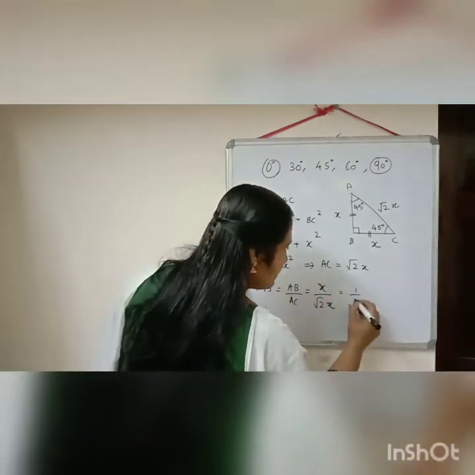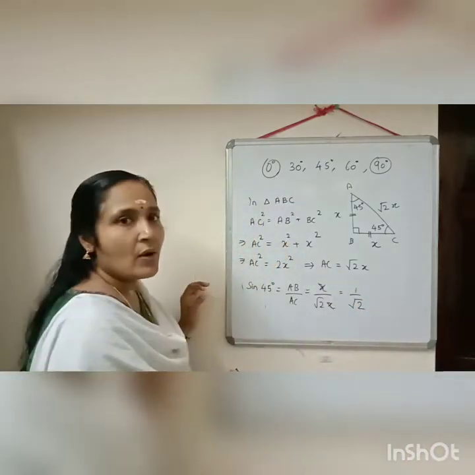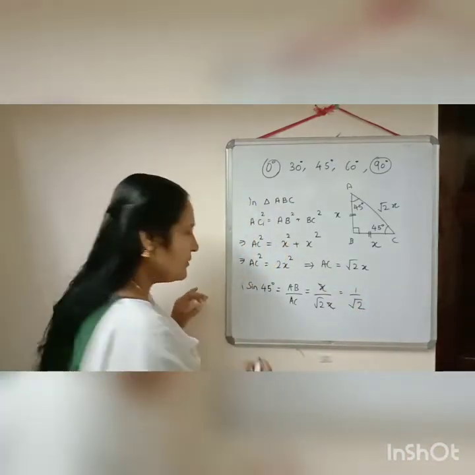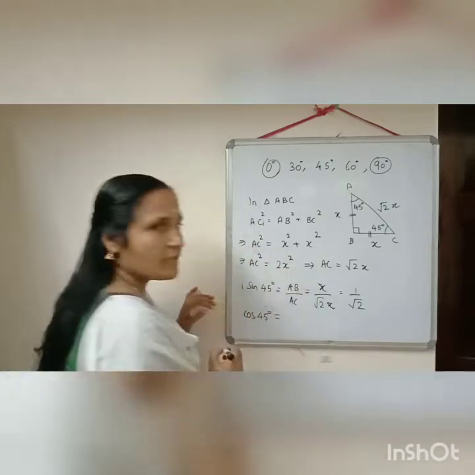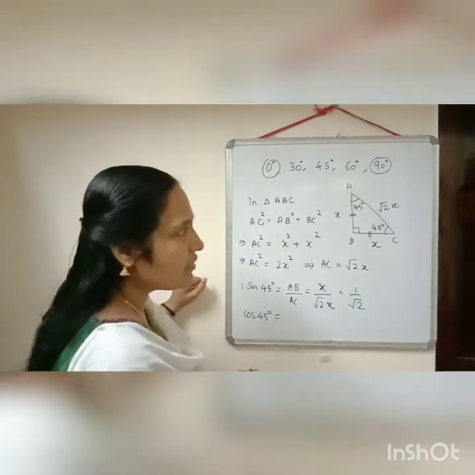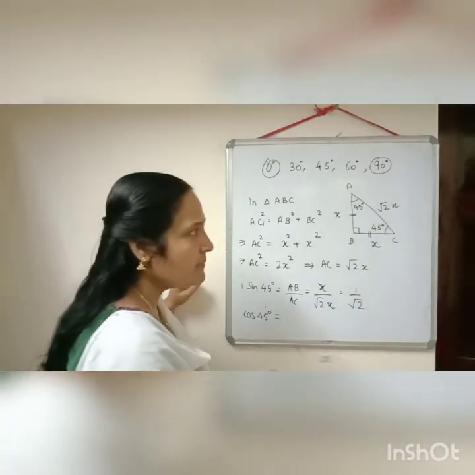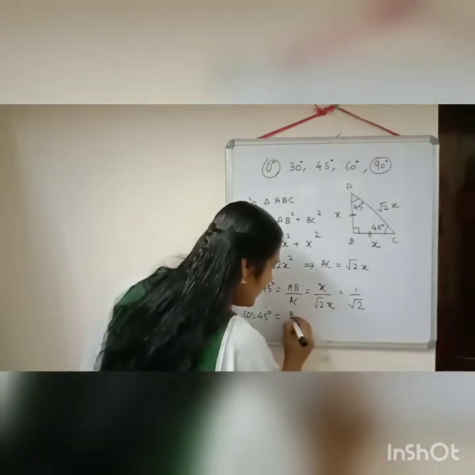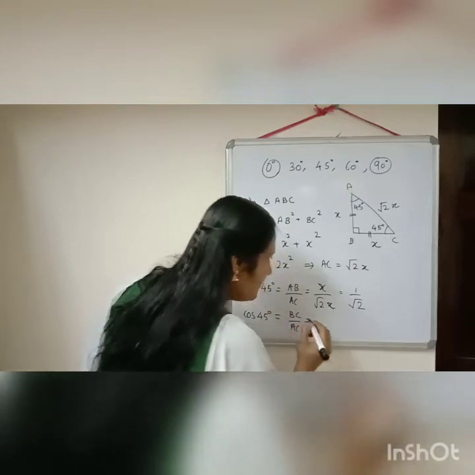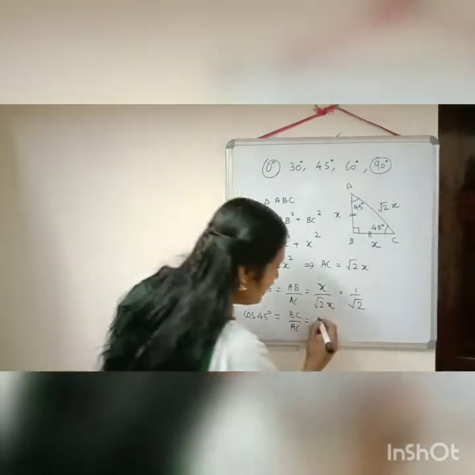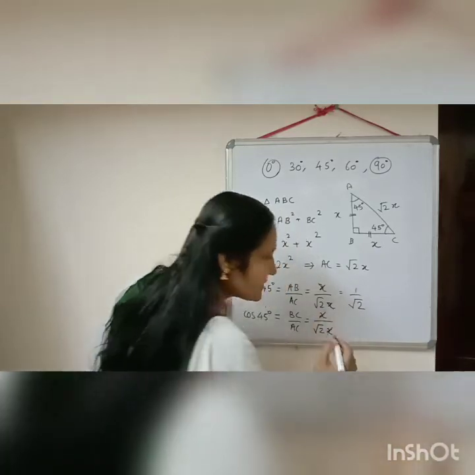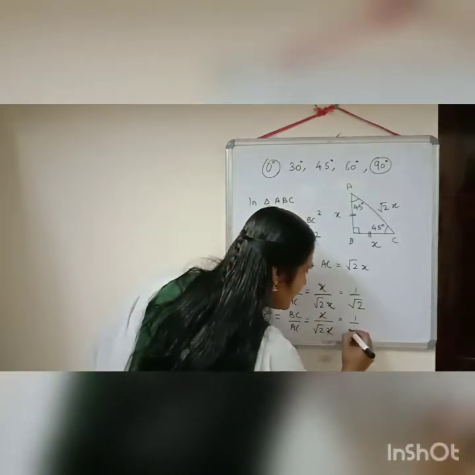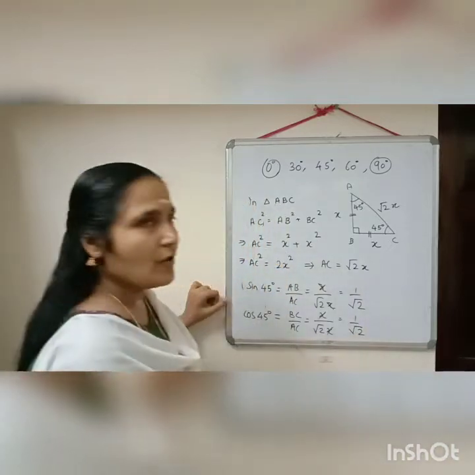What will be the value of sin 45 degree? 1 by root 2. In the same way we can calculate the value of cos 45 degree. According to the formula, what will come? Cos 45 degree, yes, BC by AC. BC we have taken as X, and AC we have got as root 2 X. So X and X will get cancelled. We will get 1 by root 2.